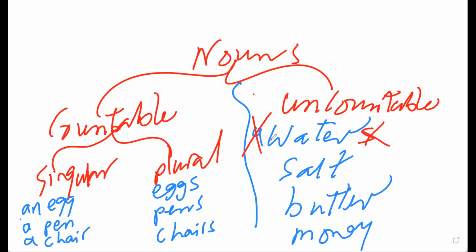Because it is uncountable. The same: "a salt"? No. "Salts"? Also no. So for countable nouns, you can say is or are. But uncountable nouns, always is. Water is, salt is, and so on. Clear?